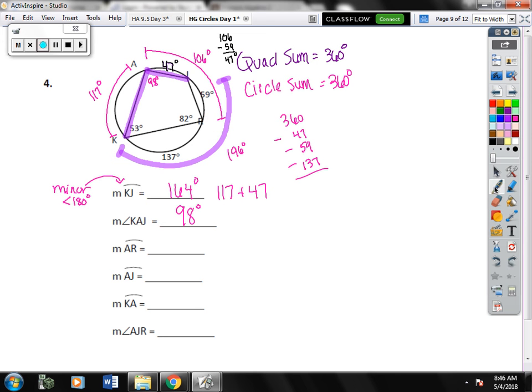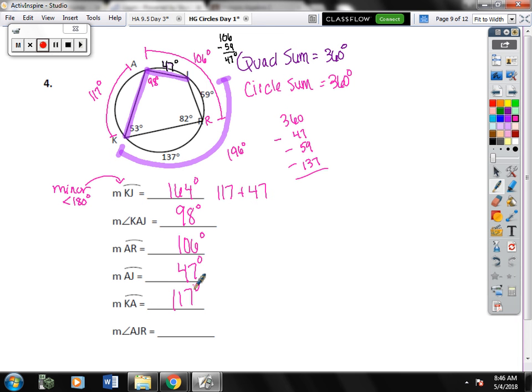So what was the measure of arc AR? We have it right in our picture. 106. Or add the 2 pieces together. AJ, we also have in our picture, 47. KA, we have in our picture, 117.